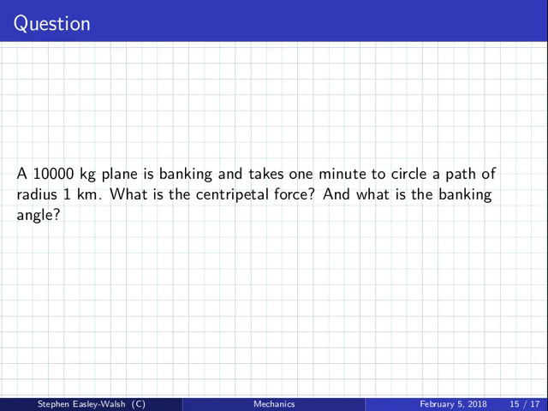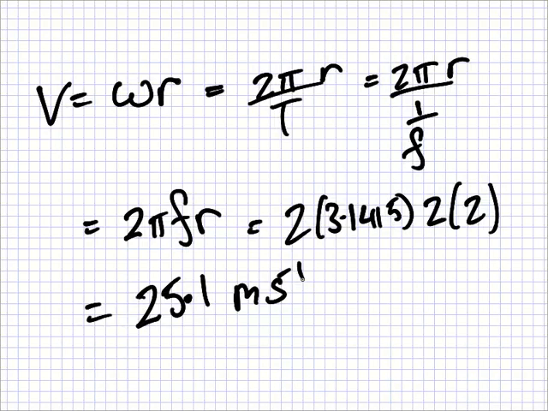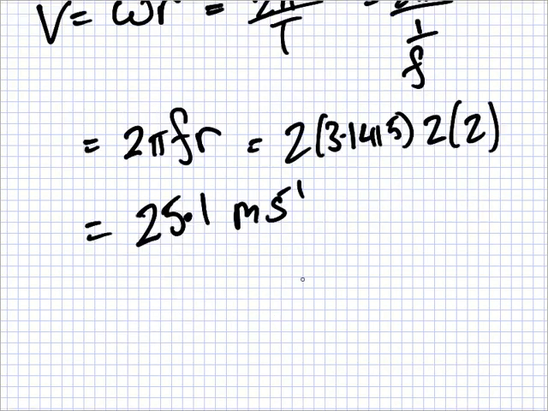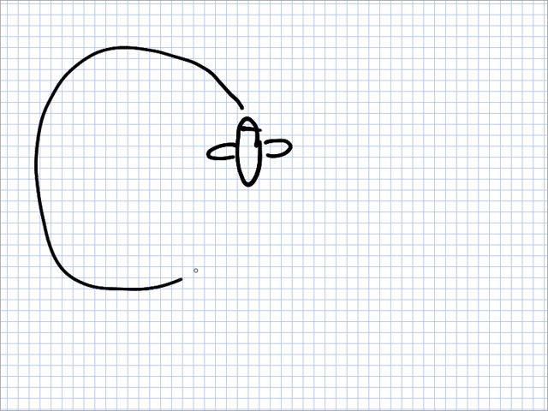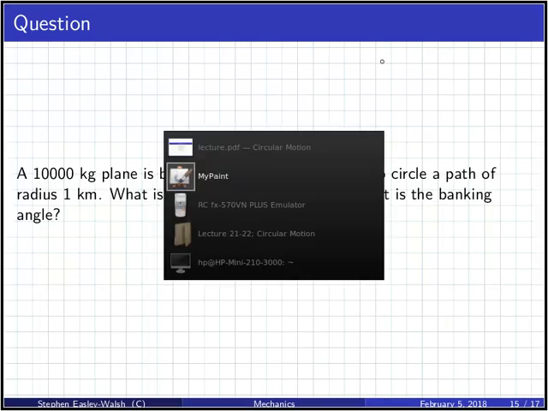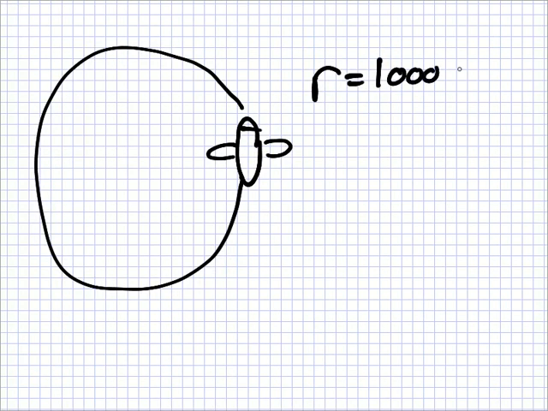So, let's draw the picture here. Now, to do this, I need to draw 2 pictures. The first picture is if I'm looking from the sky, looking down at the plane. So, here's the plane here. That's the front. So it's going around in a big circle like this. And we know that the radius is 1 kilometer.